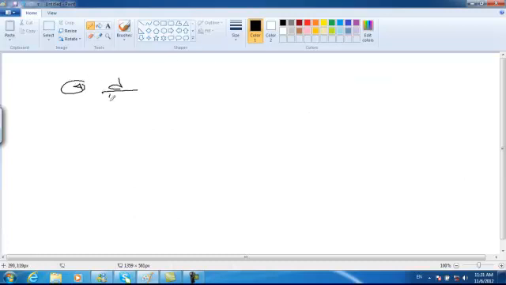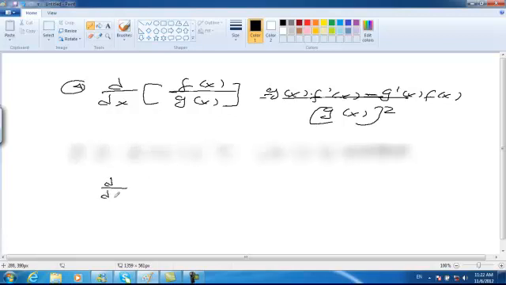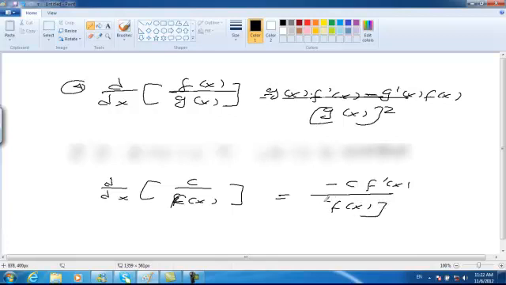Number 4. d by dx of f of x divided by g of x equals g of x times f dash of x minus g dash of x times f of x, all divided by g of x all squared. d by dx of c divided by f of x equals minus c f dash of x divided by f of x all squared.